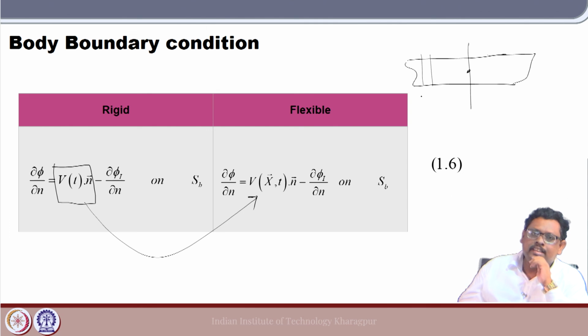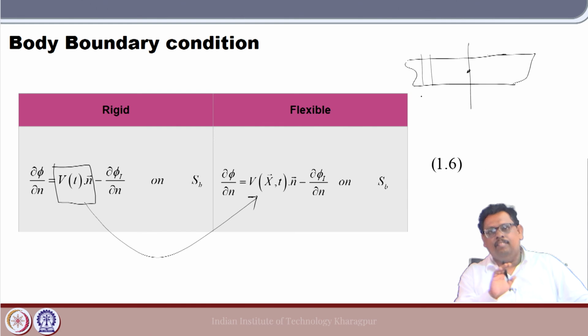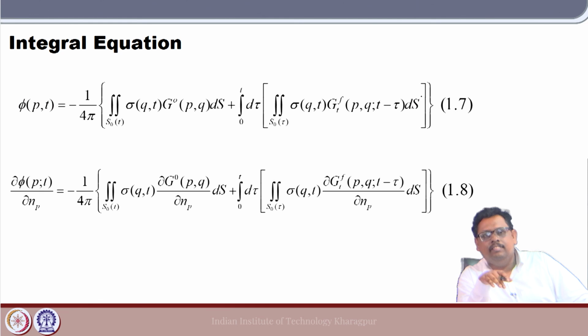So, this is a huge change, and one has to address this. This is the first thing that is different from the rigid body situation, right. However, if you understand this change, then the remaining part is more or less the same, right.